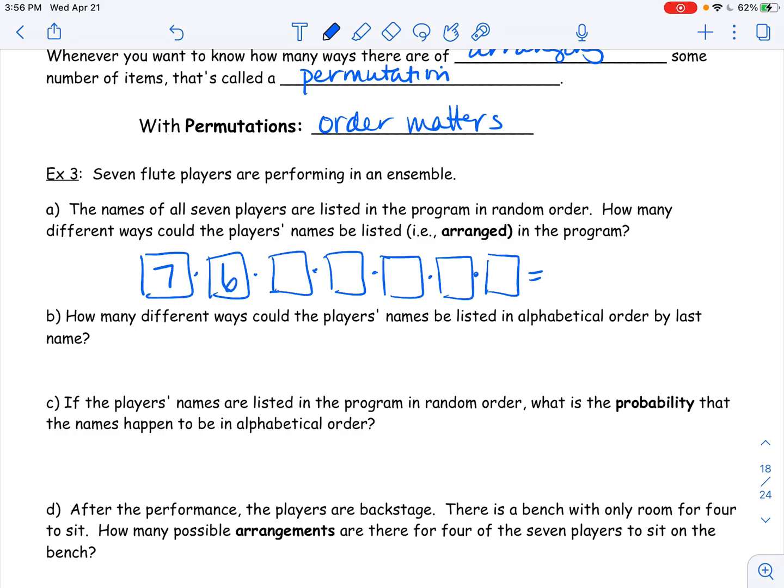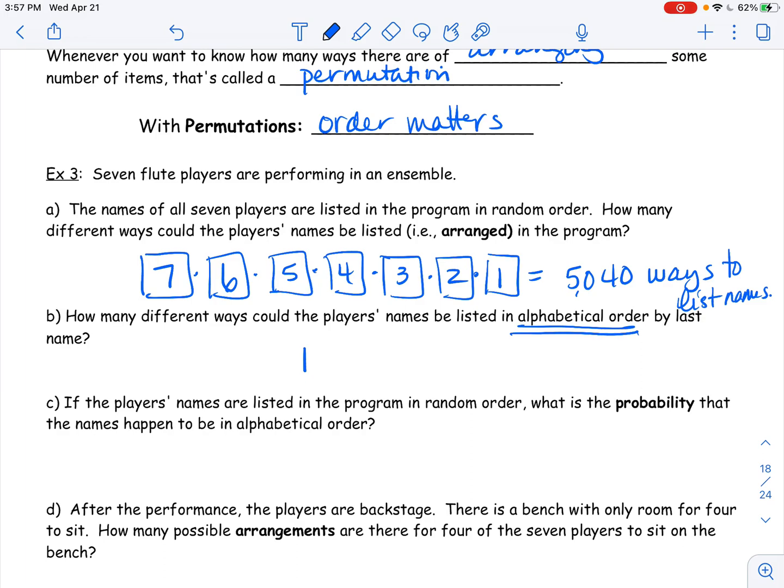Then I have 6 options for the next, and so forth. If I multiply that together, I have 5,040 different ways to list. In part B, now how many ways could we list them in alphabetical order? Well, there's only one way to list them in alphabetical order.